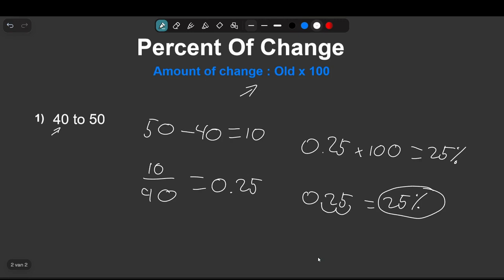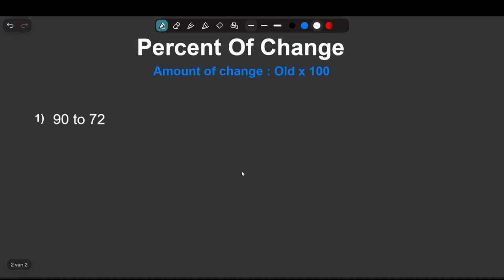So we're going to do one more example with you guys just to show you how this really works. So for our second example, we have 90 to 72. The first thing we want to look at is if we have an increase or a decrease. Well, obviously it went from 90 to 72, which means we have a decrease.